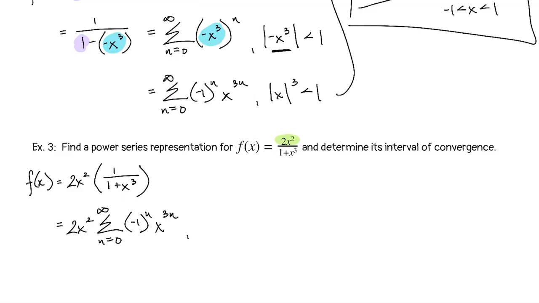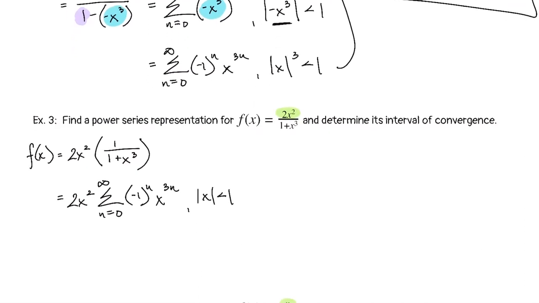Okay, and I'm going to include my interval of convergence. So again, all I've done is split the fraction and then take my work from the previous question and substitute it into here, okay?